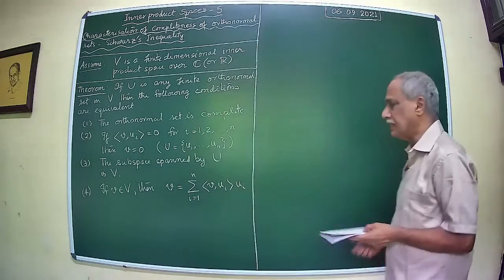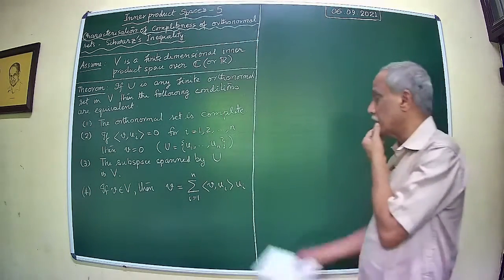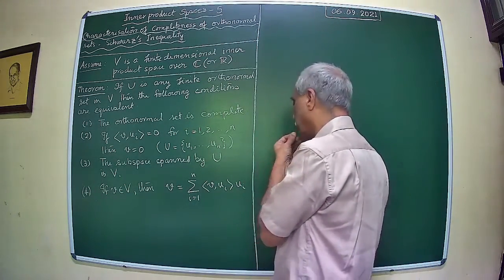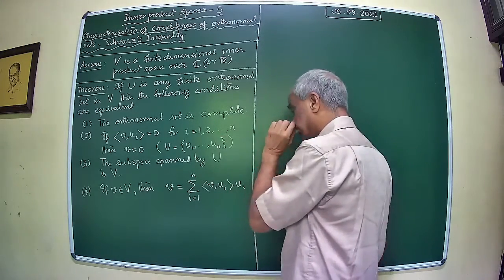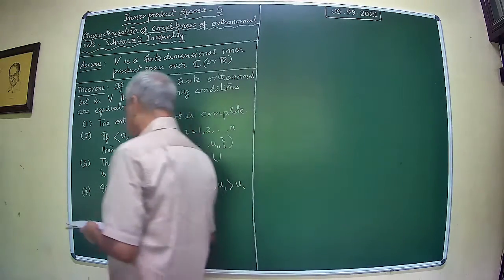That is an expansion of the vector in terms of the vectors in U is possible.